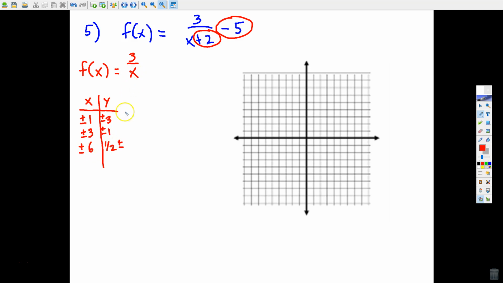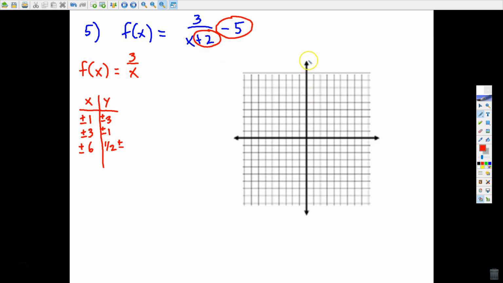Because if I input negative 6, I'm going to get negative 1/2. So don't forget, 2 different parts. We call these branches, 2 branches. Okay, well, let's think about how this graph is translated. Remember your translation rules. If you are adding or subtracting to x, that's going to indicate a horizontal shift. And in this case, it means 2 to the left.